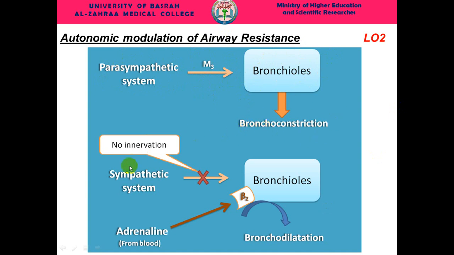On the other hand, there is no innervation by the sympathetic system to the bronchioles, but there are a lot of beta-2 adrenoceptors, and adrenaline from the blood will stimulate the beta-2 receptors that are present in the bronchioles, and this will result in bronchodilation. Therefore, if we use beta-2 agonists, we would expect bronchodilation. And if we use anti-muscarinic, anticholinergic agent, we will expect bronchodilation as well.